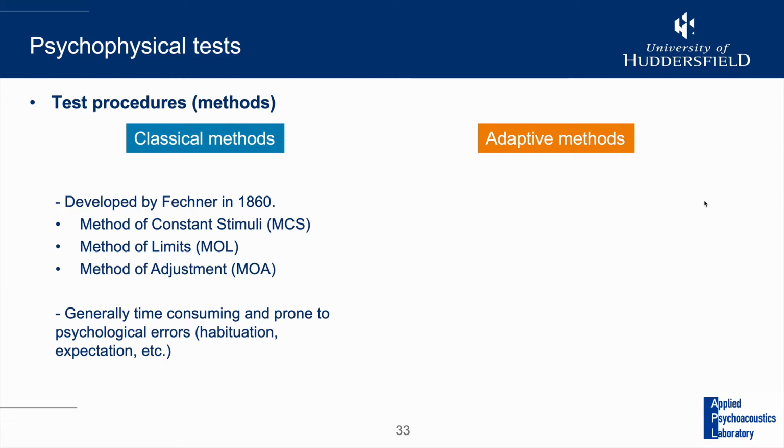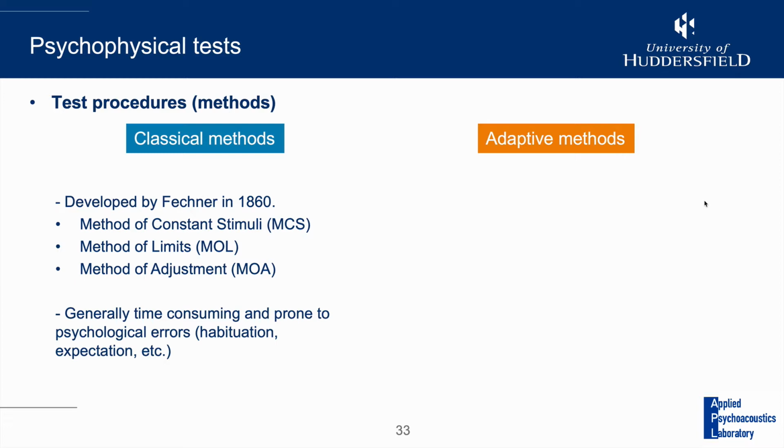Just to briefly introduce these three methods, the method of constant stimuli presents stimuli with different intensities repeatedly at random and obtains a psychometric function based on the percent correct of responses obtained for each stimulus intensity. And from this, a threshold is estimated.